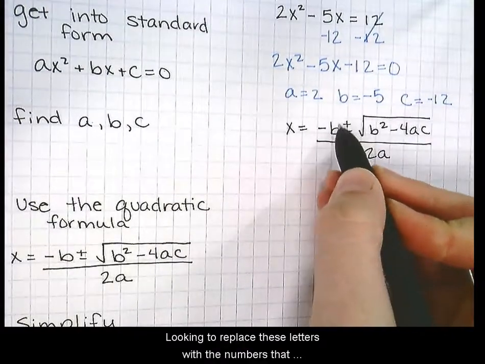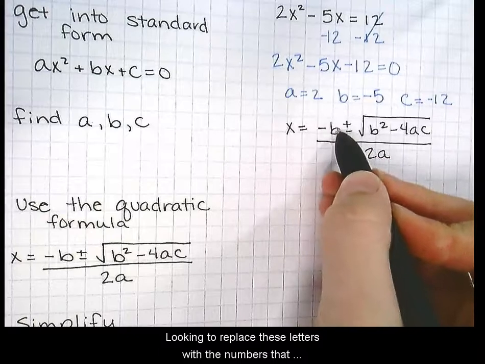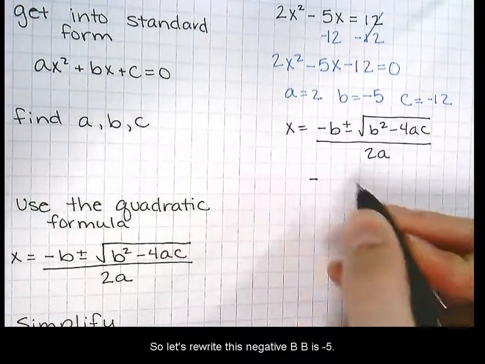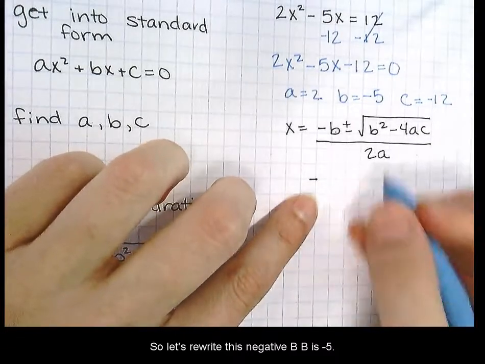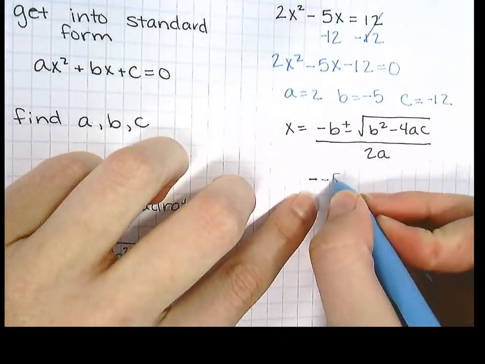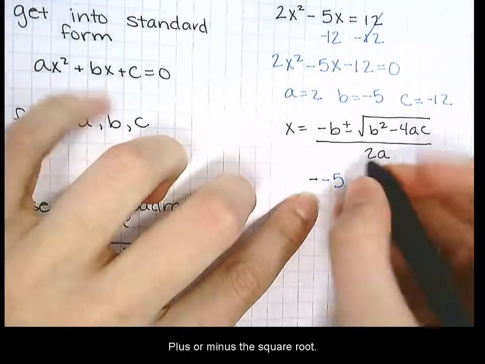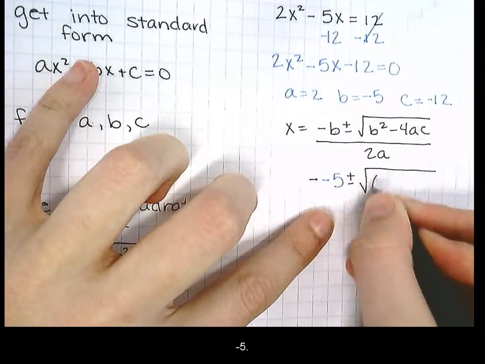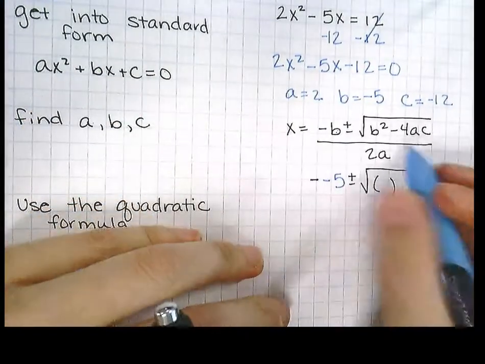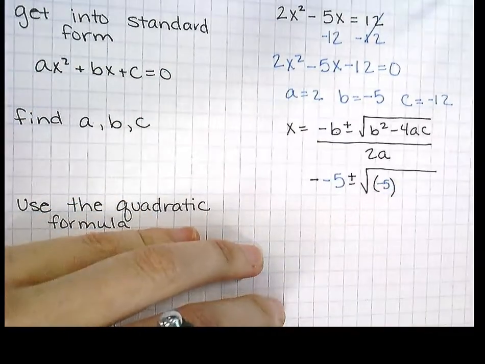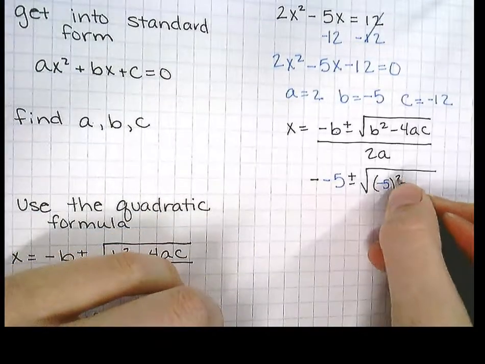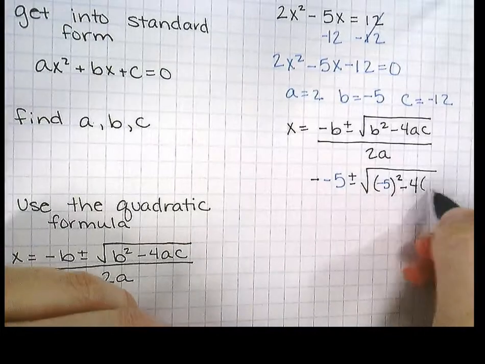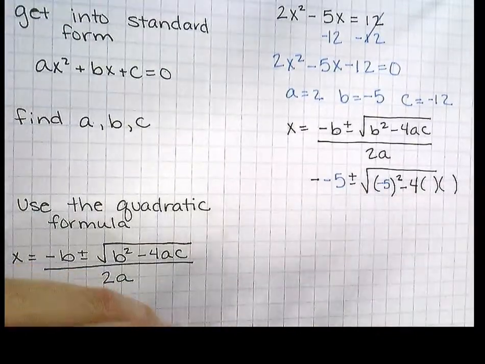We're going to replace these letters with the numbers that they represent. So let's rewrite this. Negative b. B is negative 5, plus or minus the square root of b, negative 5, squared, minus 4 times a times c.